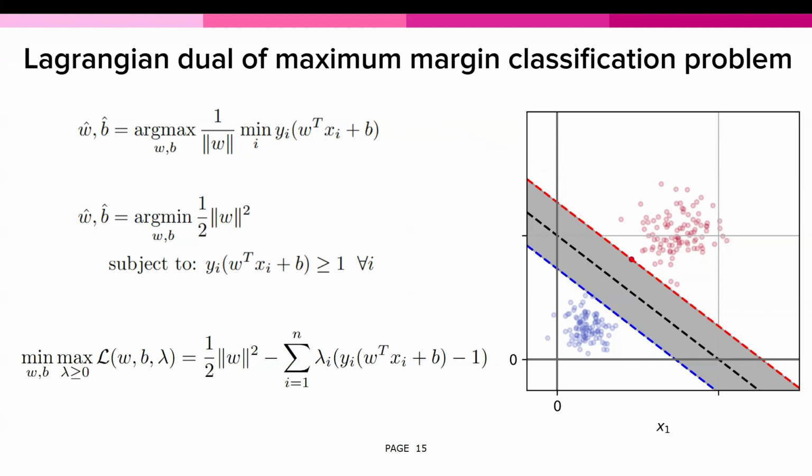Then we reformulated this as minimizing the half-squared norm of the weight vector, subject to the constraint that every single point in the data set is classified correctly, and that the linear predictor returns a minimum value of 1. In other words, for each point, the classifier's decision function times the actual label must be greater than or equal to 1. Since there's a constraint for each point, the Lagrangian will involve introducing a Lagrange multiplier for every point in the data set.